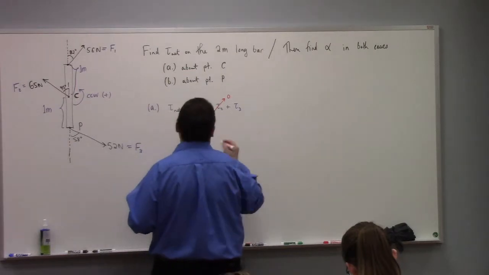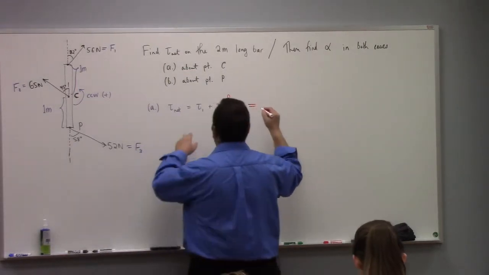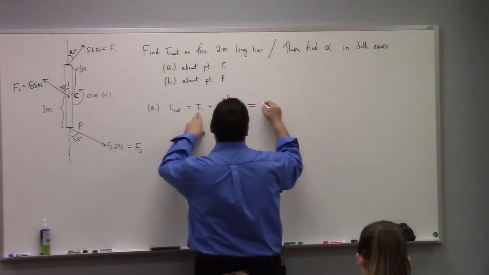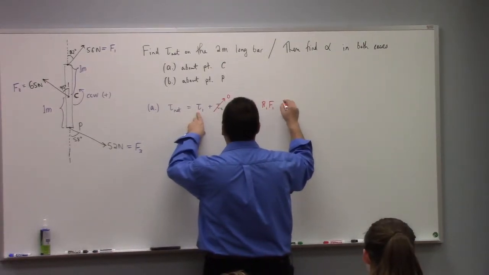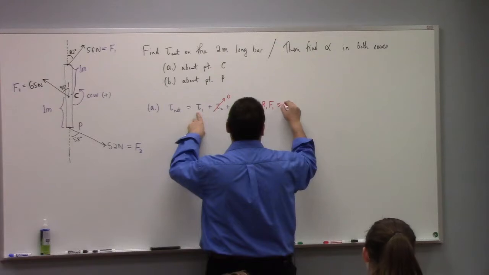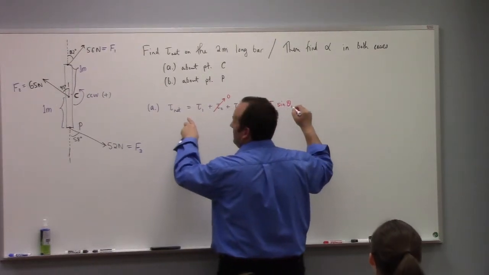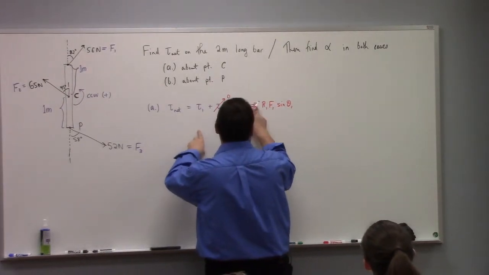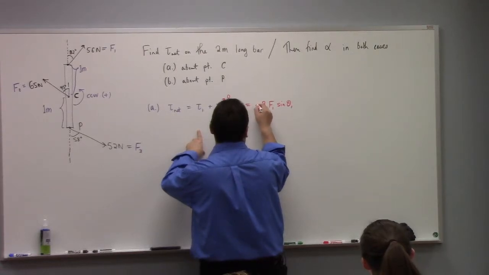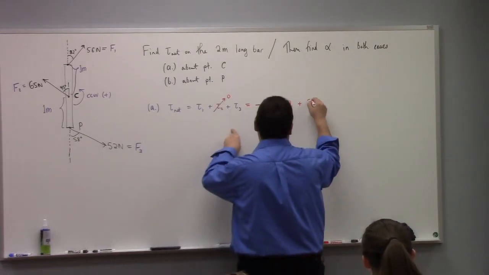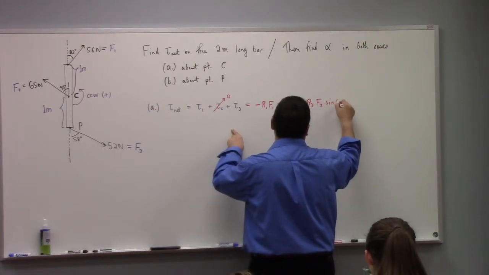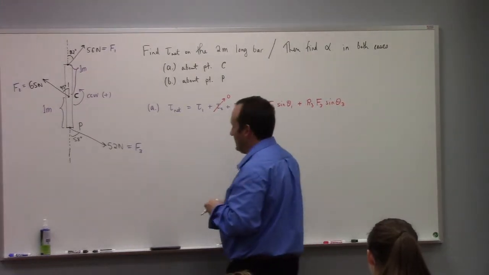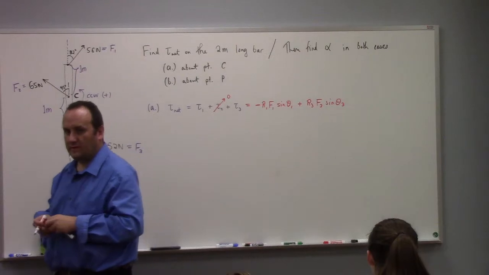And then, of course, let's get to the details here. Torque 1, so we're talking about R1 F1 sine theta 1. And I need a minus, right? You see why I need a minus there? And then plus R3 F3 sine theta 3, because this is the formula for the torque in 2 dimensions.